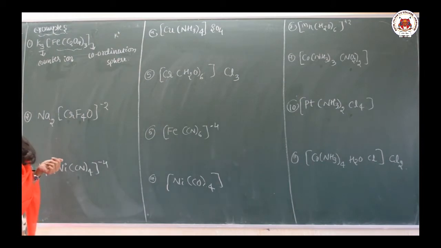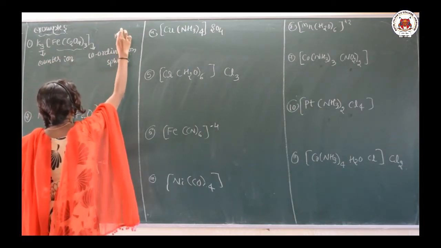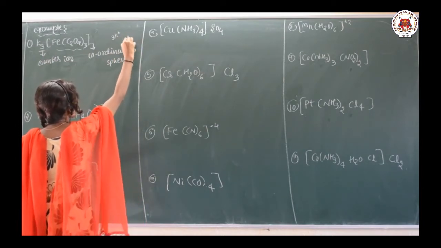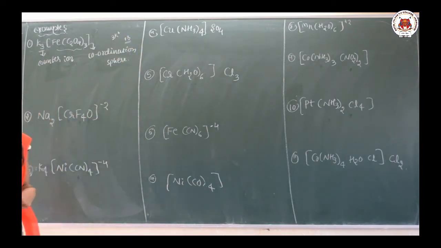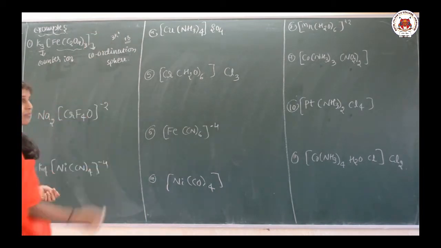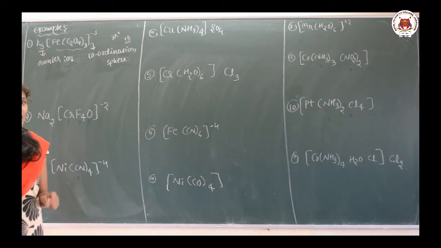So how many potassium are there? Three. It means the counter ion has the charge plus 3. Since the counter ion has the charge plus 3, the coordination sphere should have the charge minus 3.